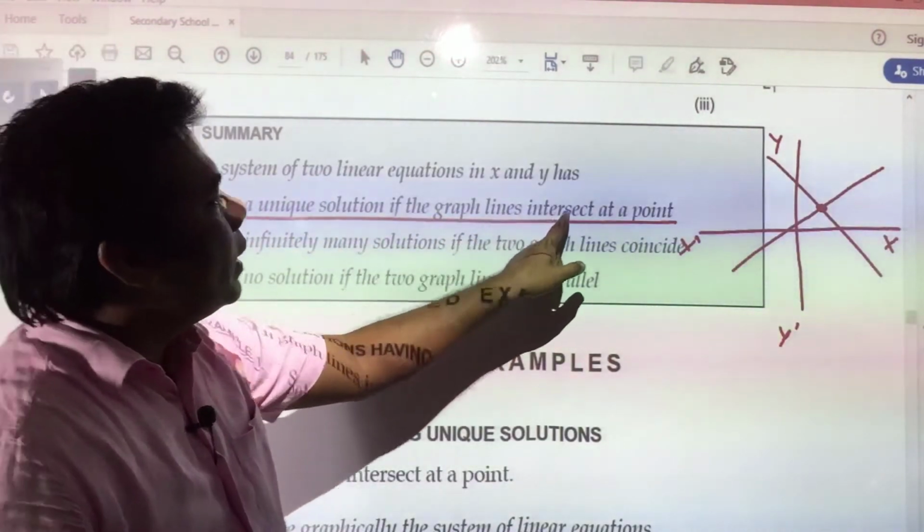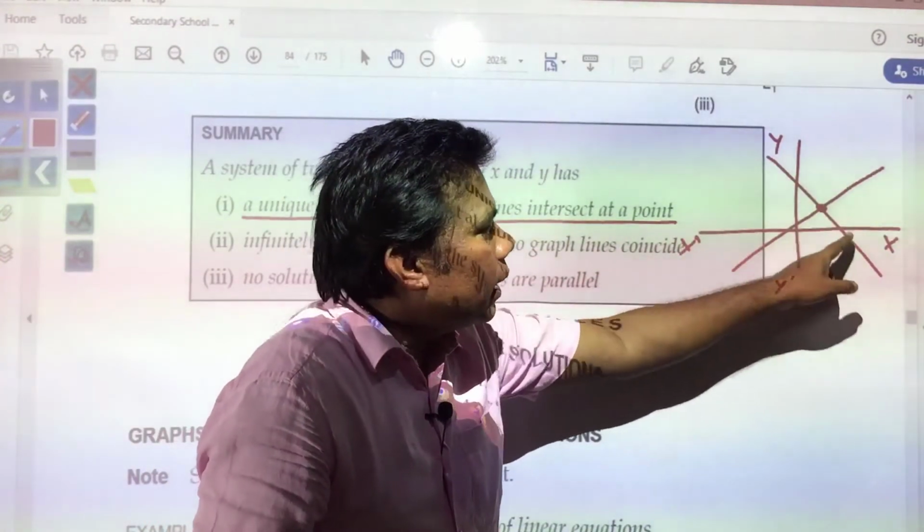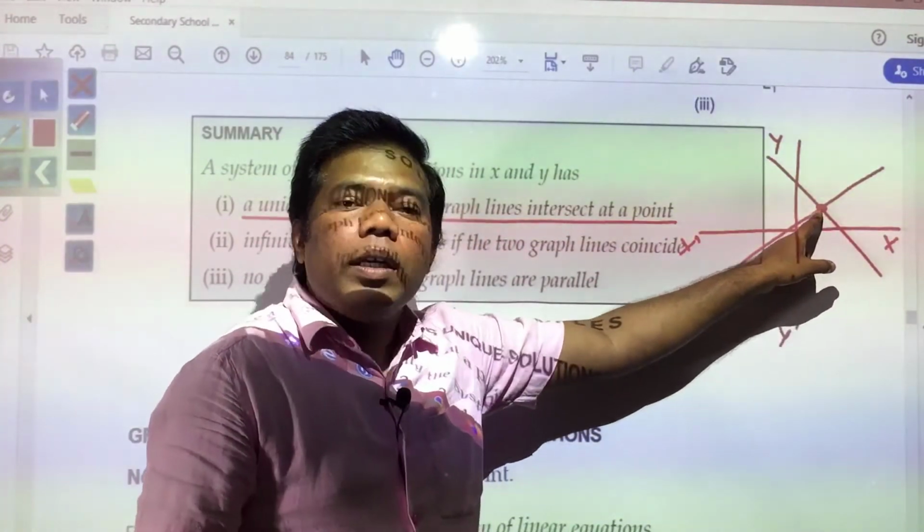When lines intersect at a point, you have a unique solution.